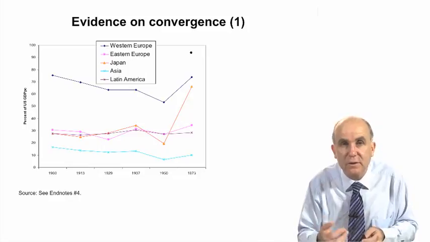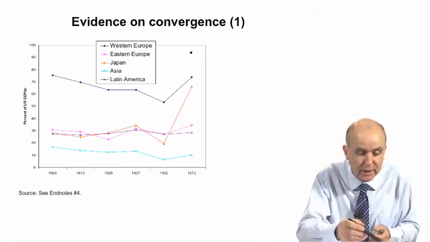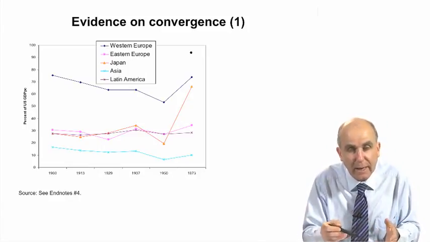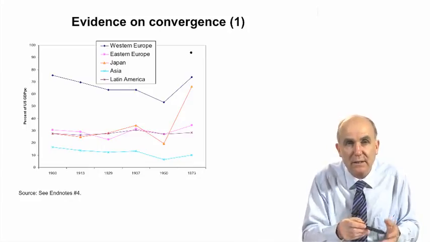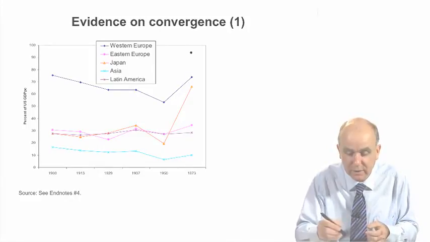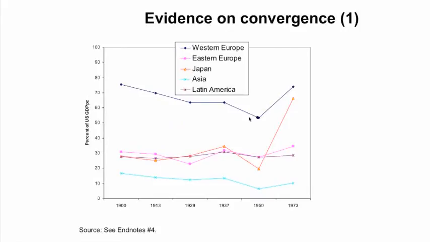A couple of empirical perspectives on convergence. In this graph I've got GDP per capita in different regions of the world expressed as a percentage of US GDP. Up the top here is Western Europe, and this is 1950 to 1973, the period of the Golden Age, and you can see that GDP in Western Europe is increasing from about 55 to 75% of that in the United States.